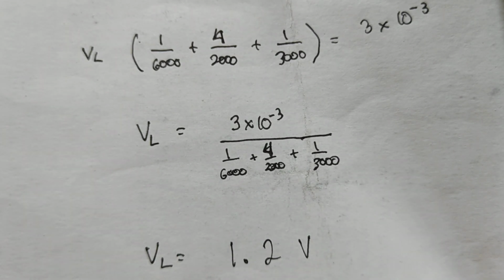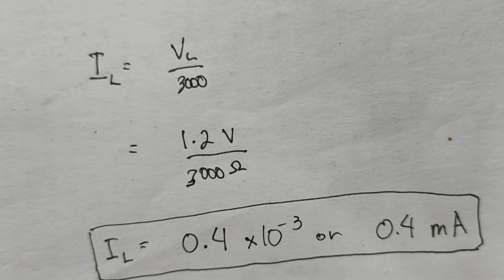Now that we have VL and the resistance of the resistor the current is flowing through, we could now solve for the current, which is IL.